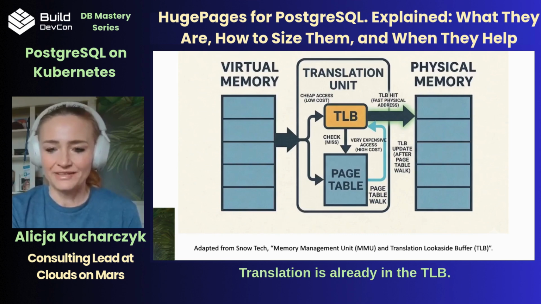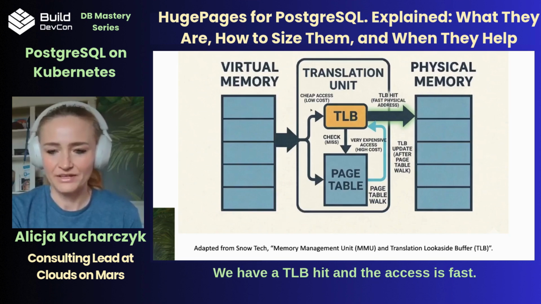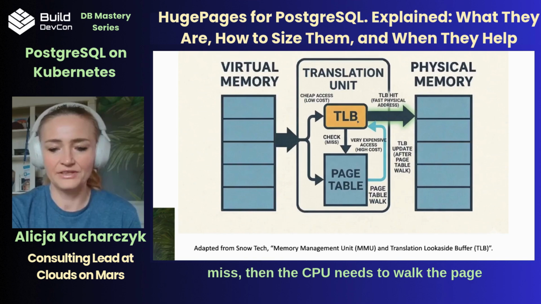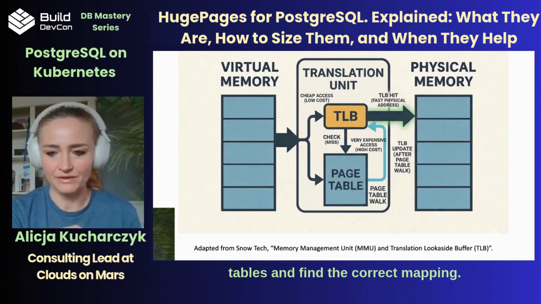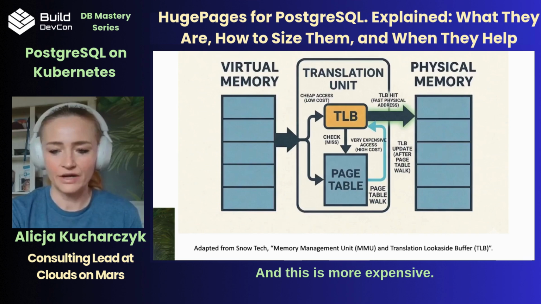If the translation is already in the TLB, we have a TLB hit and the access is fast. If the translation is not there, we have a TLB miss, then the CPU needs to walk the page tables and find the correct mapping. And this is more expensive.